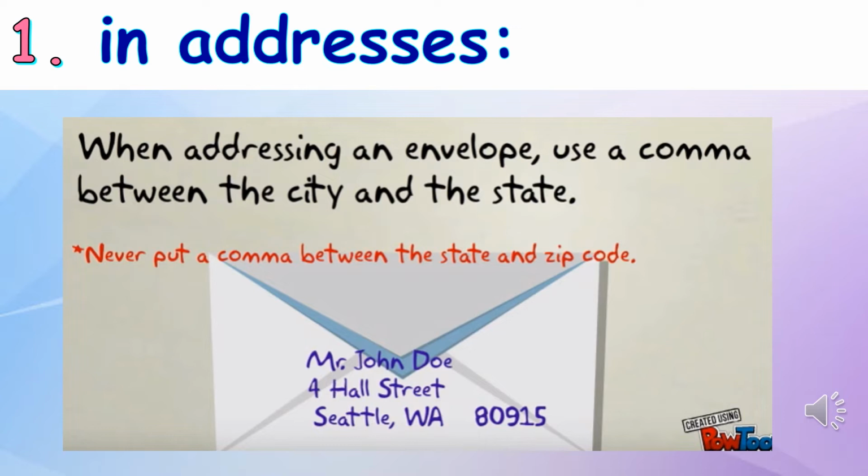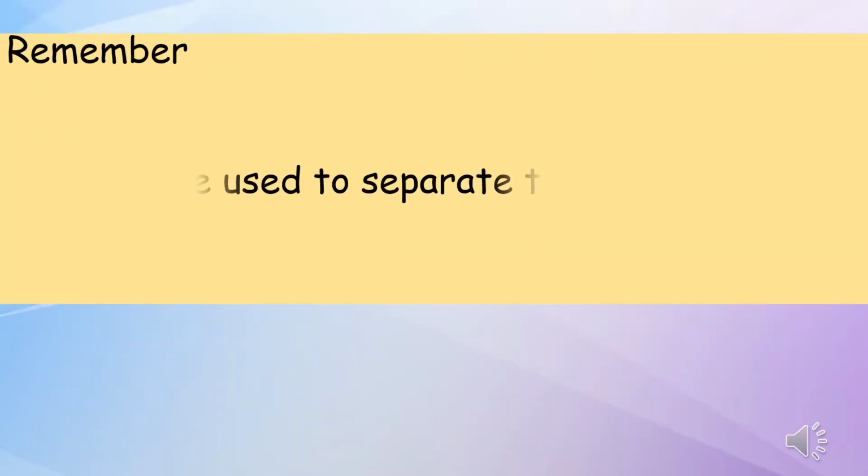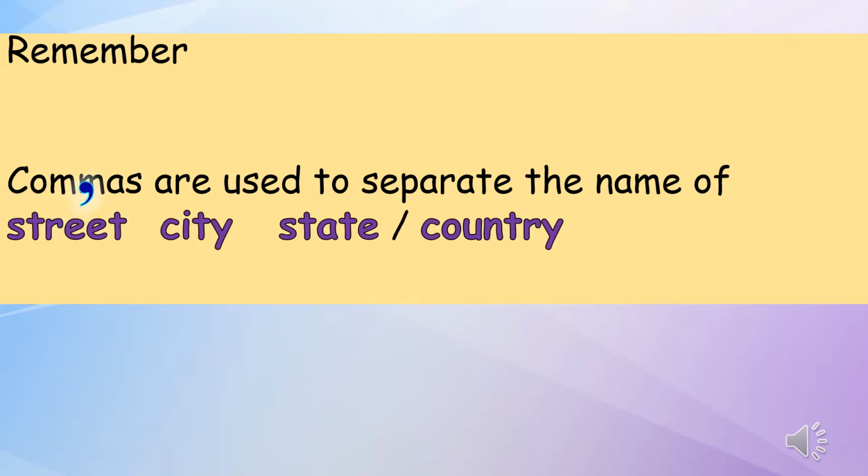Seattle is the city's name, and Washington is the state's name. The city and the state come in one line, but separated by a comma. Remember, commas are used to separate the name of street, city, state, or country.